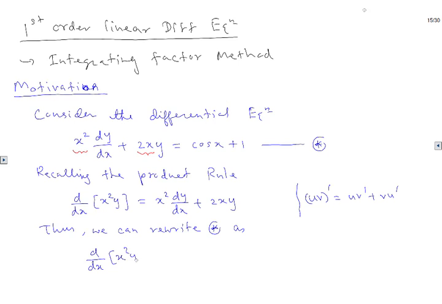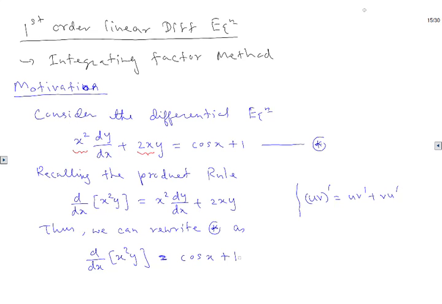This is like a reverse argument, going backward. So it is d over dx of x² y, and the right side is the same. We see that the left side is the derivative of the product x² y. Now we can take the inverse process, that means we can take the integral.